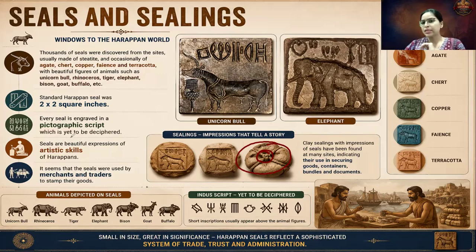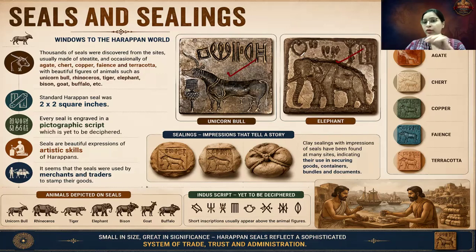And if you look at the seals, different animals are depicted. One animal which is widely depicted across the Harappan seals is the unicorn. Unicorn is a mythical animal. It actually does not exist. It's an abstract animal, a mythical one. So the unicorn is widely depicted, and second is the elephant. Elephant is also widely depicted.